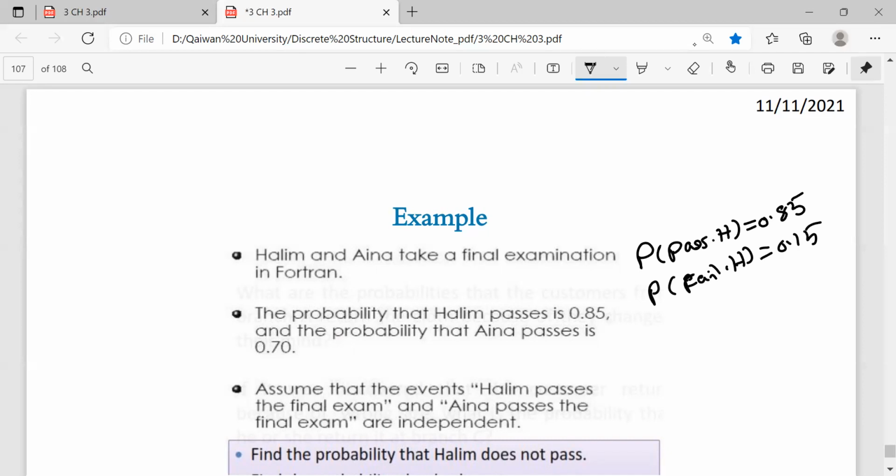And the probability that Aina pass is 0.70. So probability of A pass is 0.70. How about probability of A fail? Is 0.30.